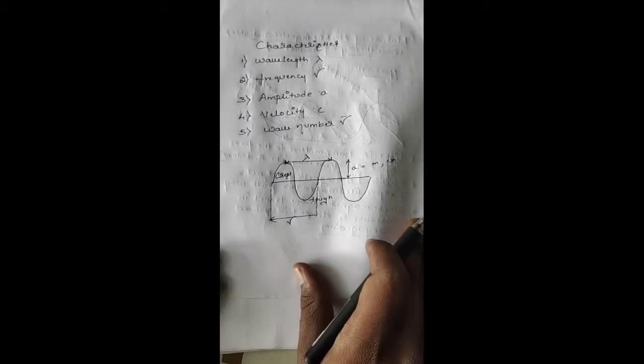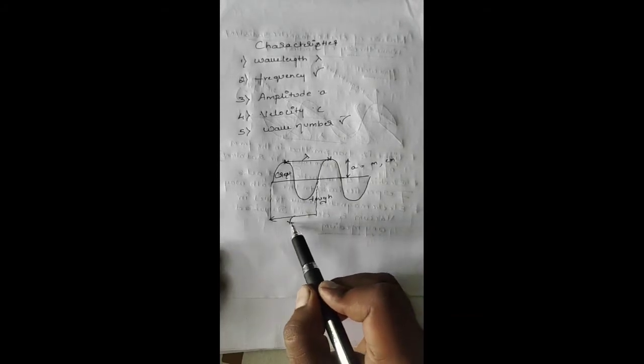Next, we are going to write about wavelength, frequency, and amplitude. We are going to talk about the property, formula, and units.